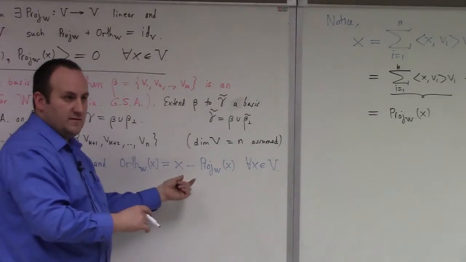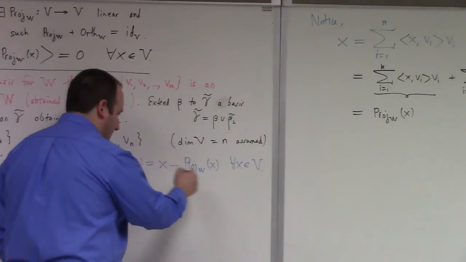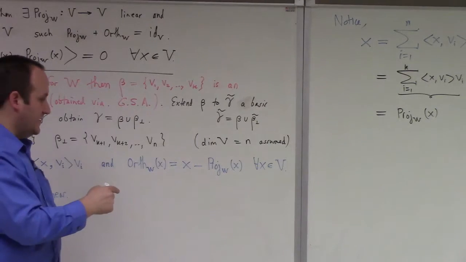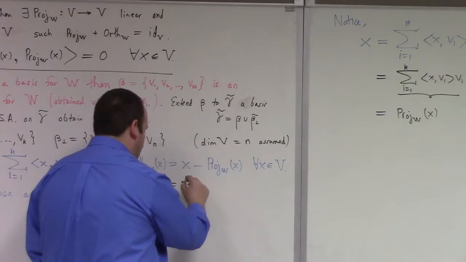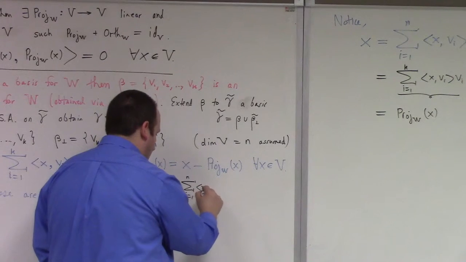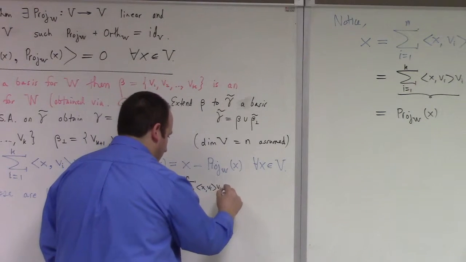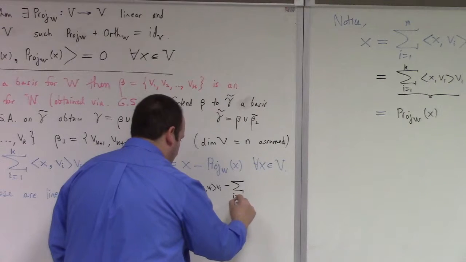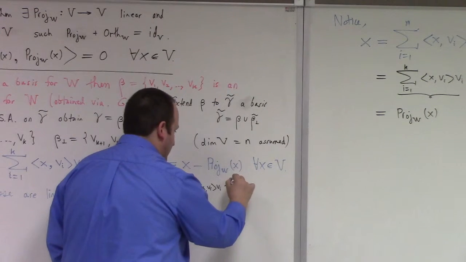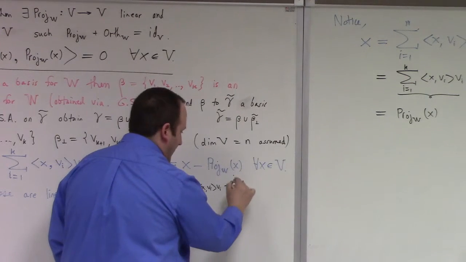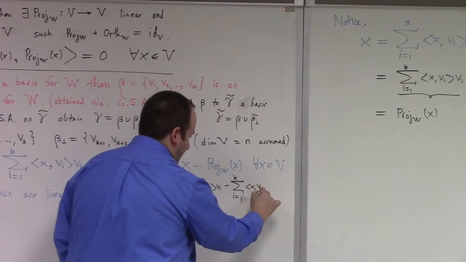If you look at the definition of the orthogonal projection, this is the sum i equals 1 to n of x with vi minus the sum i equals 1 to k of x with vi.